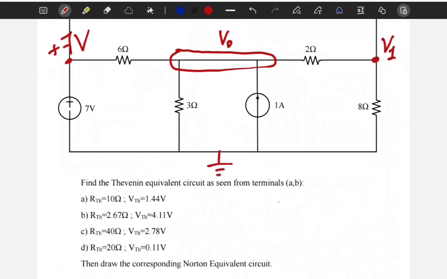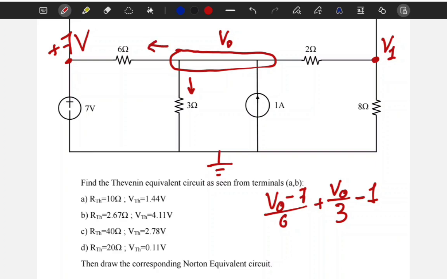We have, let's say, V0 minus 7 over 6 plus V0 over 3 minus 1, right? I'm calculating the current, so the current right here is V0 over 3, sorry.